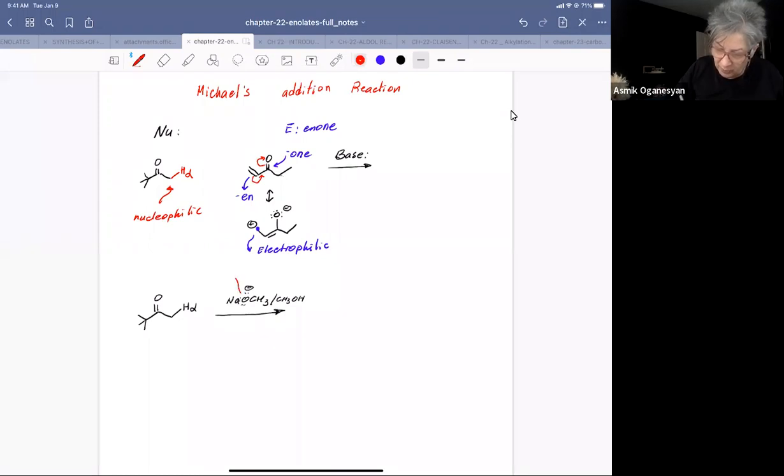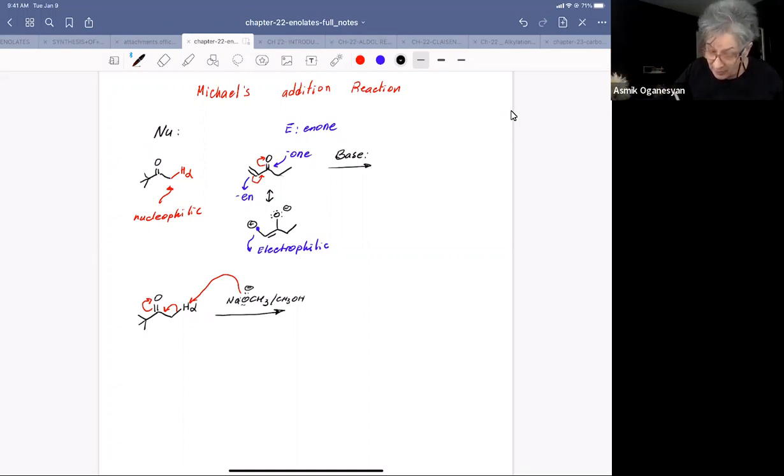Abstract that alpha proton, form a double bond, move the electrons onto the carbon. Also, the arrows should be meaningful. Sometimes on the exam, you will just put arrows anywhere. And if they're meaningless, then they are not deserving any point recognition.